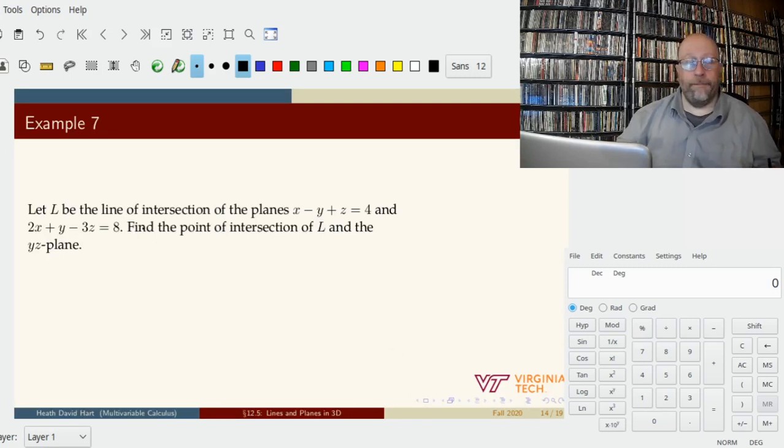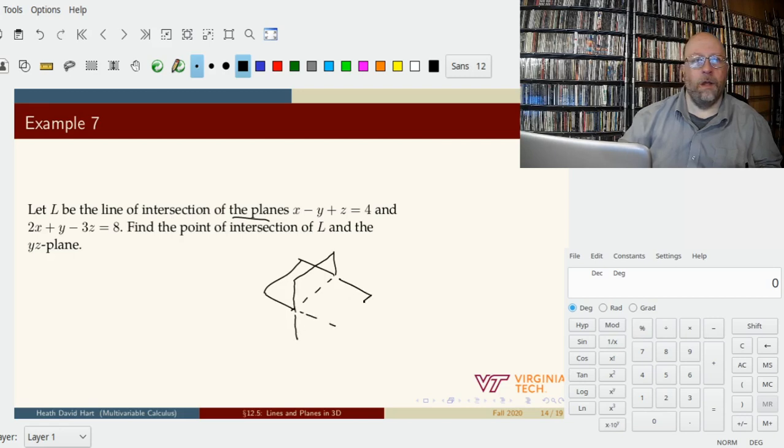All right. Now we're looking at 2 planes here. This is hard for me to draw. Okay, that's sort of okay.